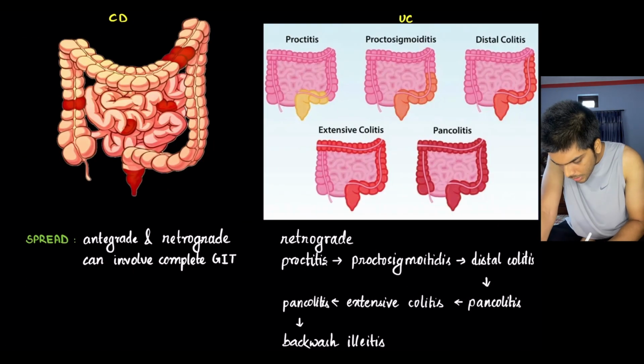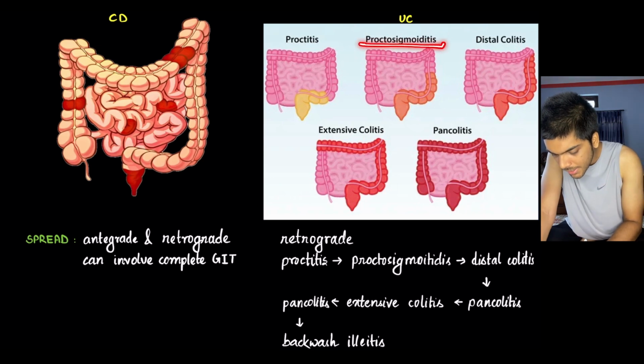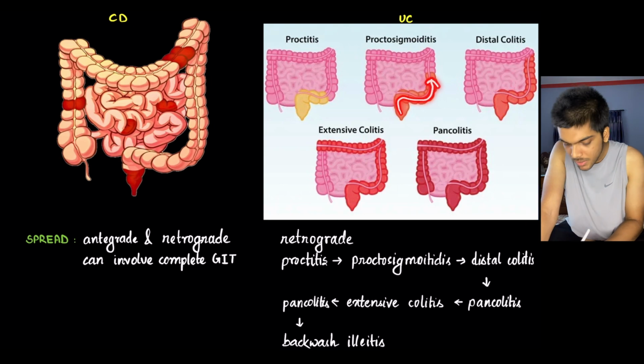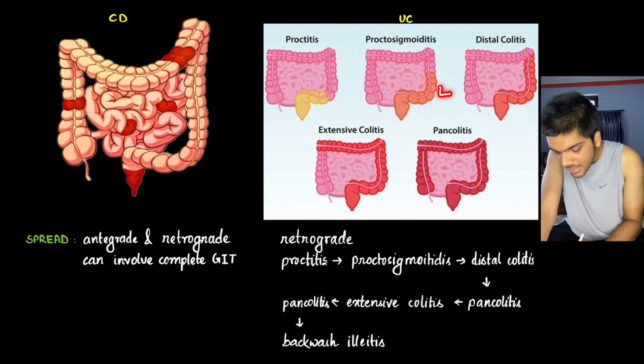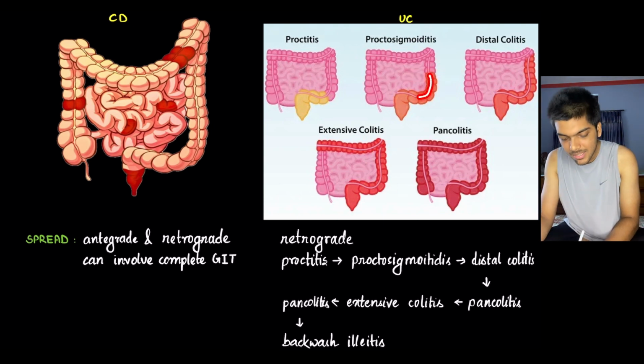So in ulcerative colitis, let's take one of them, proctosigmoiditis. You can see that the lesion spreads backward. So there is an area of lesion and there is abrupt demarcation between lesion and normal mucosa. This much mucosa has lesion and this much is normal.